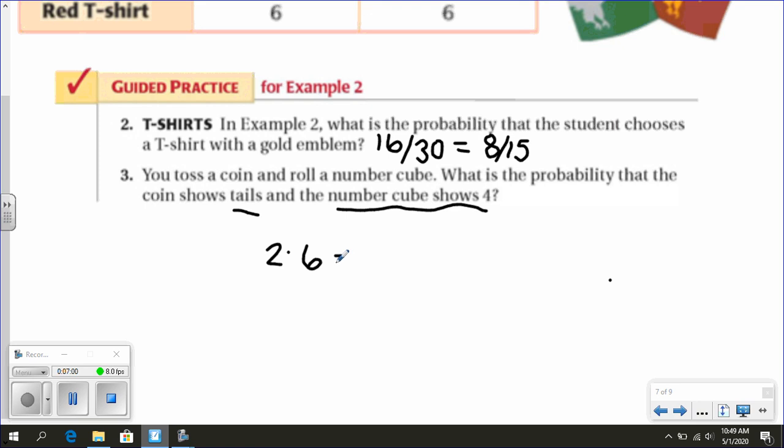So we know that there's 12 total outcomes. Well, how many times can you land on tails and the number cube show a 4? That's only 1 time. So our probability of that event happening would be 1 out of 12. And you can draw a tree diagram if you want to see that in detail.